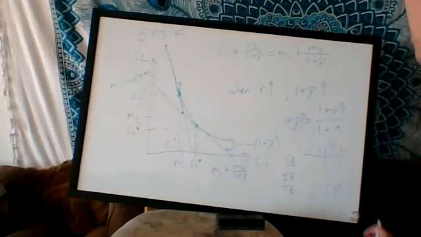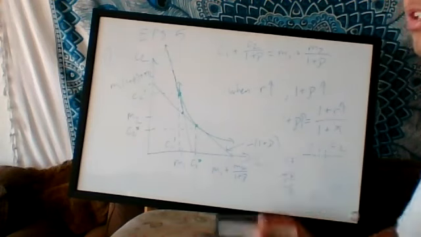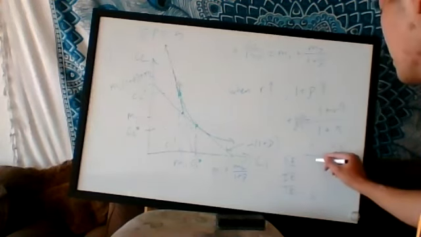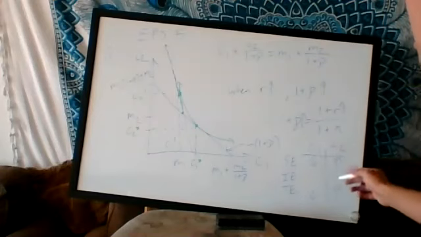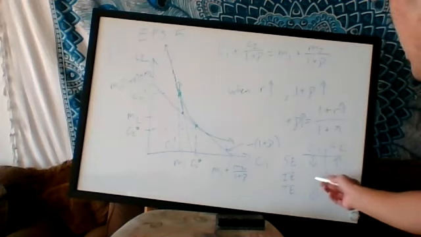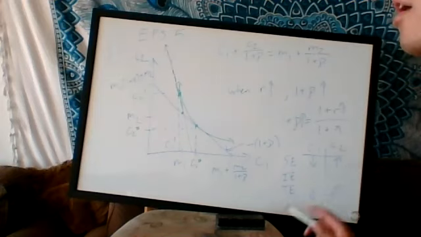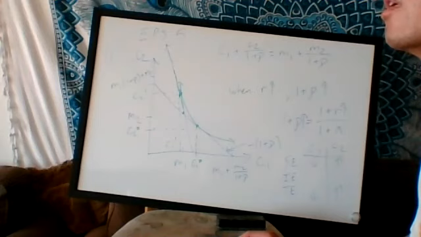The substitution effect: when interest rates go up, it now becomes more expensive to consume in the present, which means that consumption in period 1 goes down, consumption in period 2 goes up. But we don't know anything about the income effect, I don't believe, except that when interest rates go up, I guess it depends on whether you're initially a borrower or a lender.